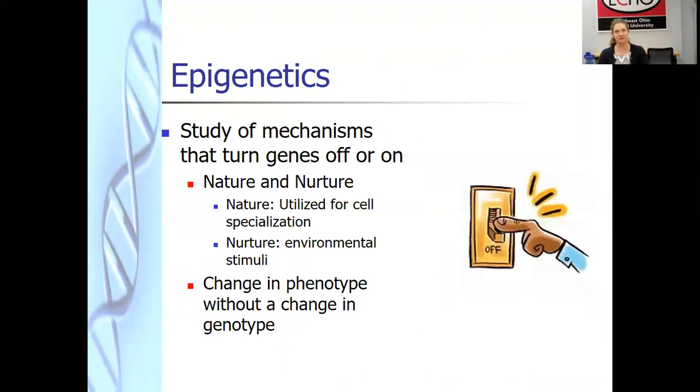So what about epigenetics? This is the study of mechanisms that turn the genes on and off. So originally we had thought that if we find those changes where the sequence is different, that then we would be able to predict who was going to have blue eyes, for example.